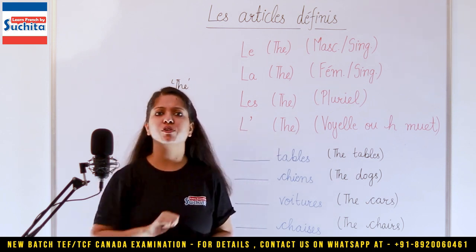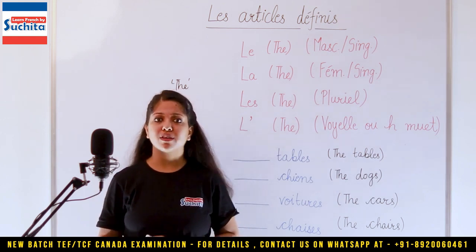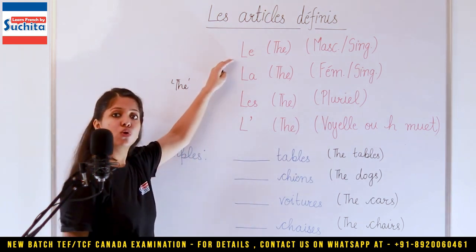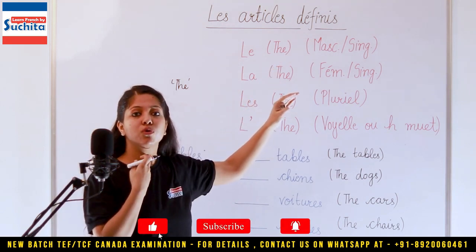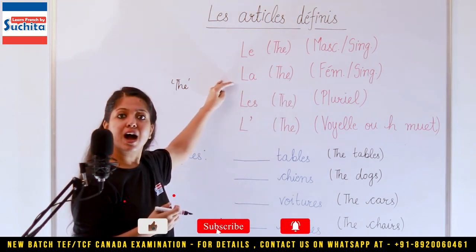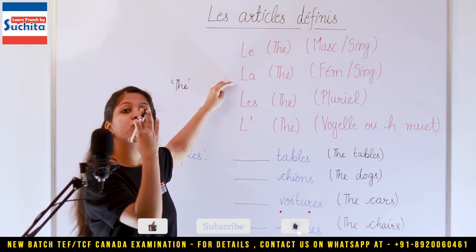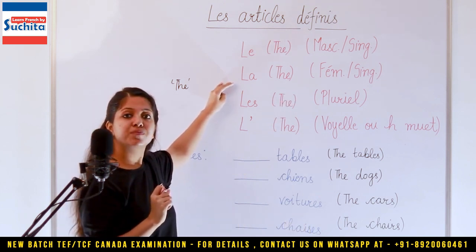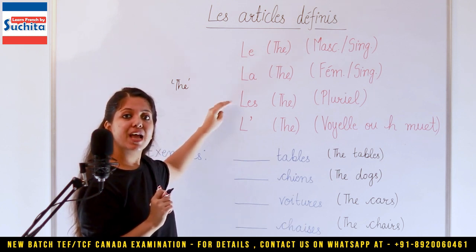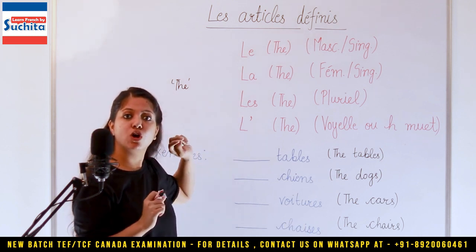You have four different ways of saying the, and those are le, la, les, L apostrophe.